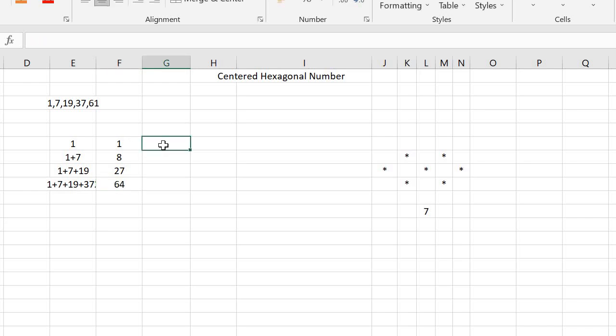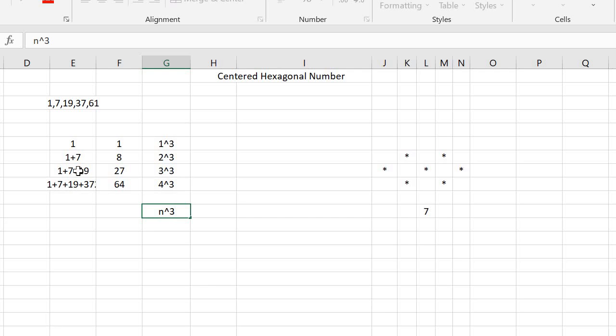If I explain it as a series, it will be 1 raised to power 3, 2 raised to power 3, 3 raised to power 3, 4 raised to power 3, right? So it is kind of that series, if you can notice over here. Now, as the centered hexagonal numbers sum up to the nth number, it will be n cubed in general, n raised to power 3.